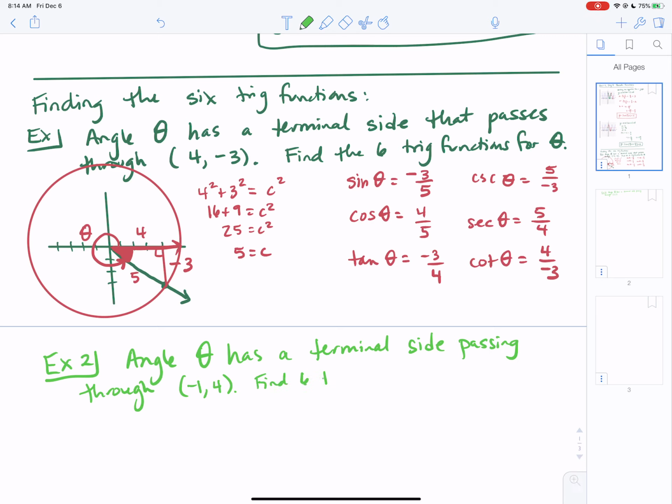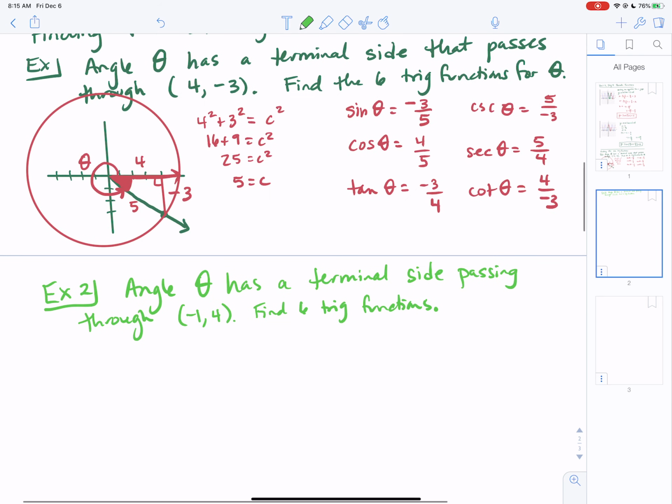Find the 6 trig functions. All right, so we're going to go back 1 and up 4. And there's your point.